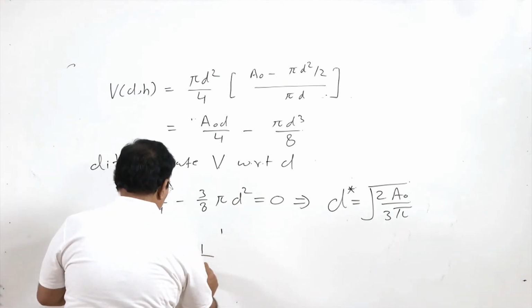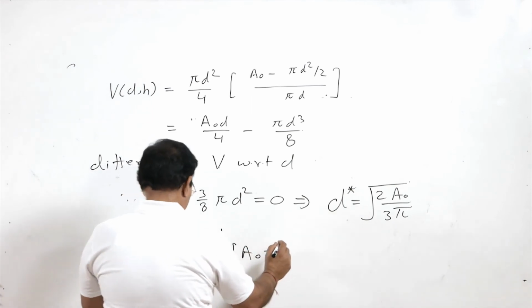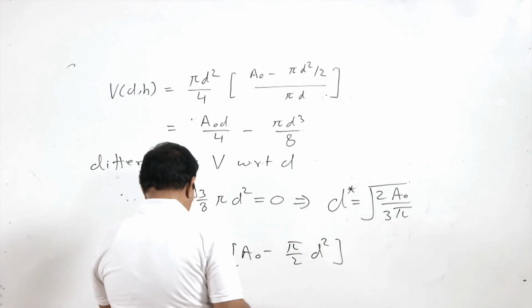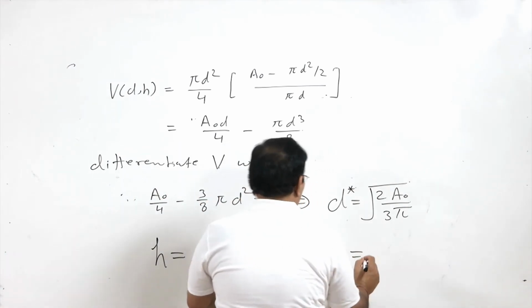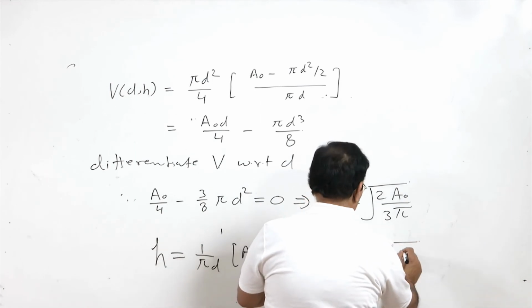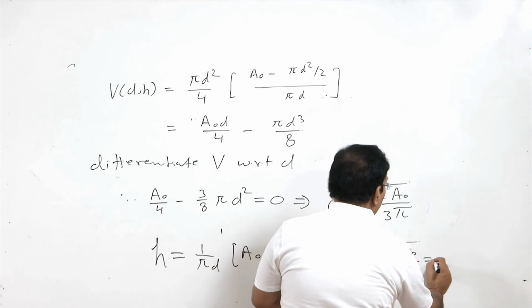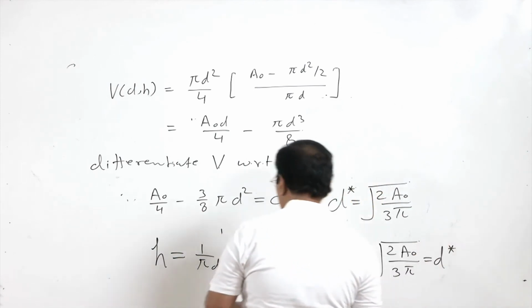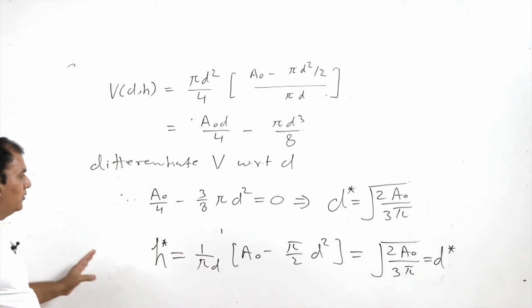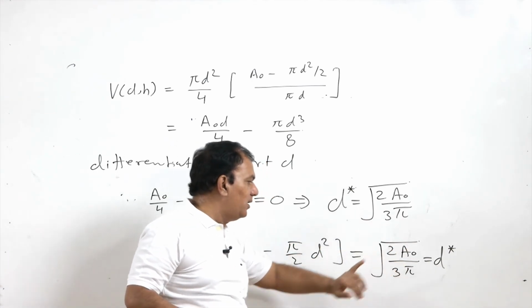This is 1 by pi d times a naught minus pi by 2 d square, and if you simplify this, again you get 2 a naught by 3 pi, which is nothing but your d star. So, this h we can also say is my optimal value. For this particular case, h and d both have the value 2 a naught by 3 pi.